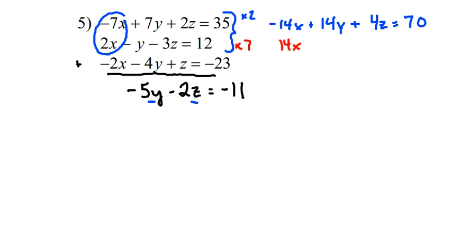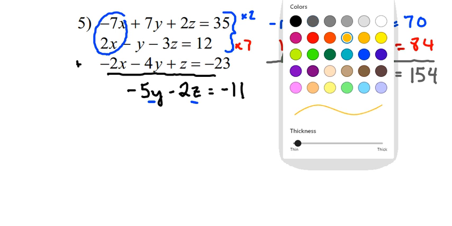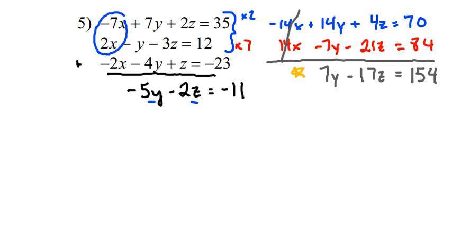We get 14x minus 7y minus 21z equals 84. Multiply all of those things. And now we're ready to add these up. That becomes 0x, 7y, negative 17z equals 154.